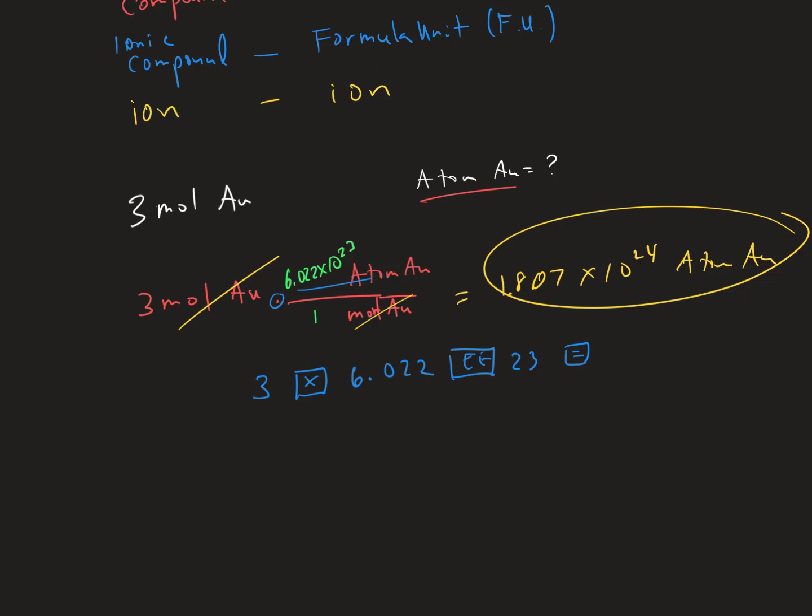Can we use sig figs, right? 4 sig figs? Yeah, so what should it be? So it is correct if you did 1.807. So maybe it should be 2, right? Because we have 3 moles. I don't know. 2 times 10 to the 24? Sure. We're off a few dozen, or maybe a couple hundred atoms.